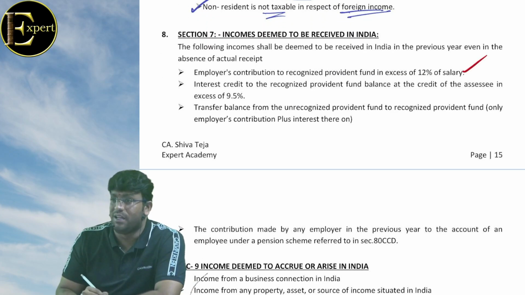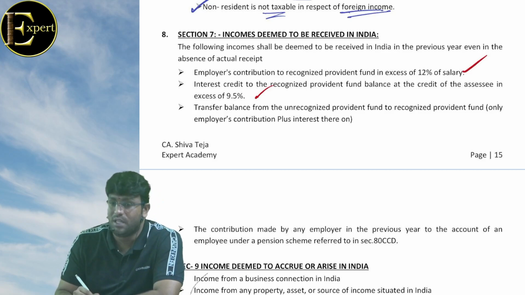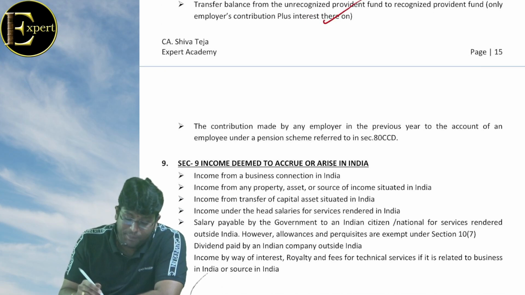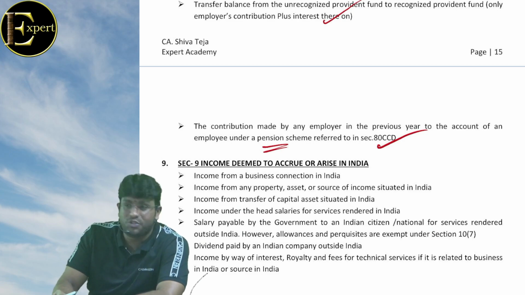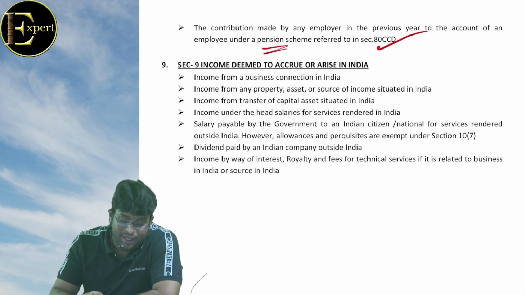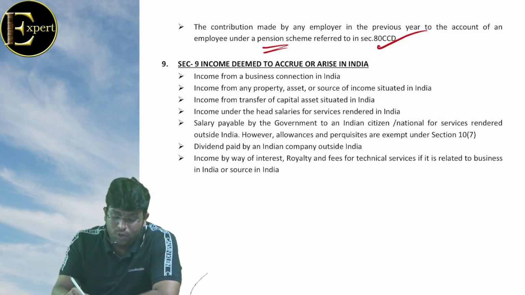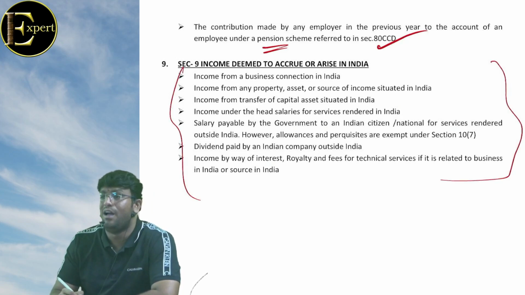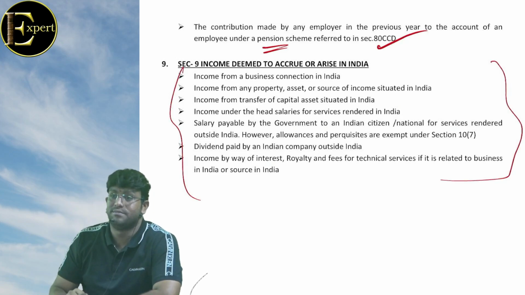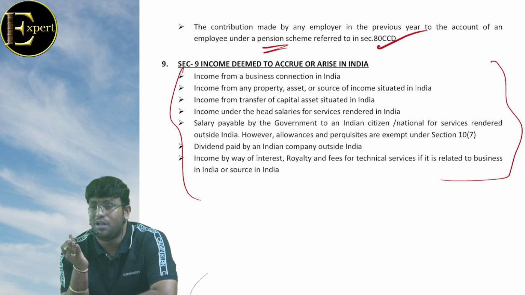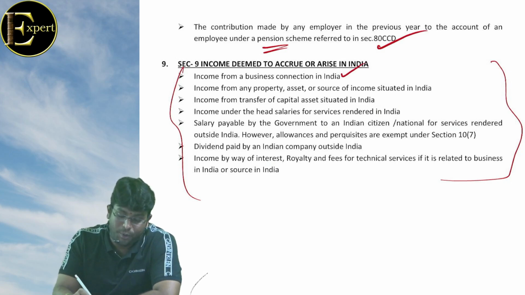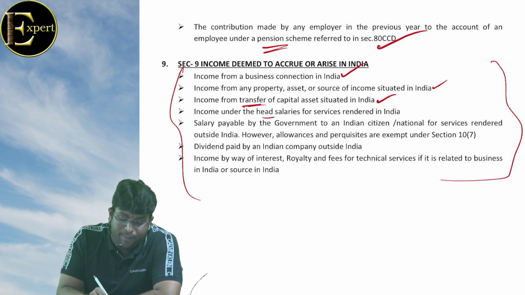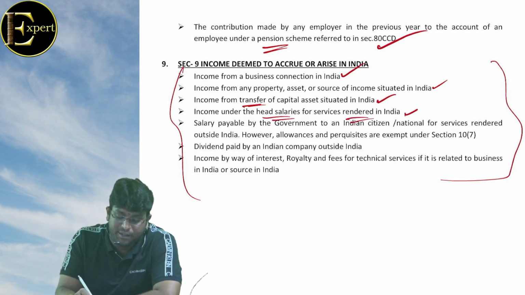More than 12% of salary, 9.5% per annum, transfer from URPF to RPF, pension scheme, ATCCD. दोस्तों, income deemed to accrue in India. उल्टा मैंने नोट्स पे तो 4-5 पॉइंट ही दिया, पर आपको जो पढ़ा है वो ज़्यादा पढ़ा है. यार लास्ट हाफ एन आवर वही पढ़ा है आपको मैंने. Business connection in India, properties in India, transfer of property in India, income and rate, salaries for service rendered in India.